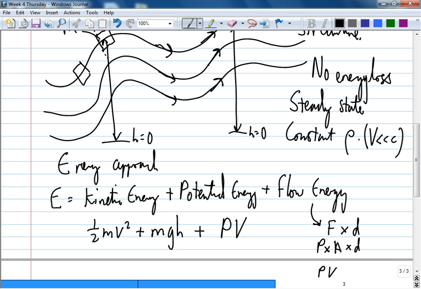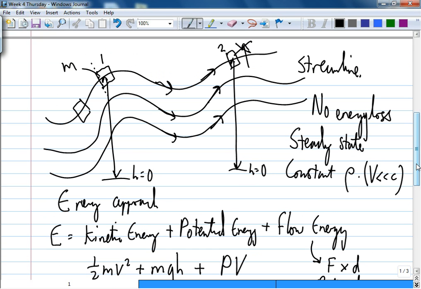That energy comes about because to move the fluid, you need to push it along, or it is getting energy from the pressure. The pressure pushing the fluid, there's energy there. So regions where the pressure is high, there's more flow energy. We are looking at this control volume, considering just this blob of fluid.